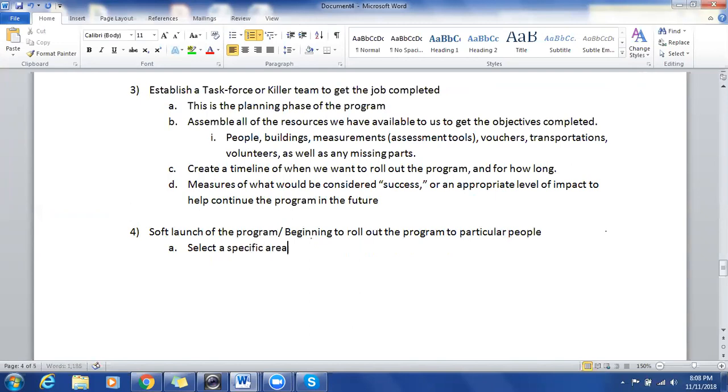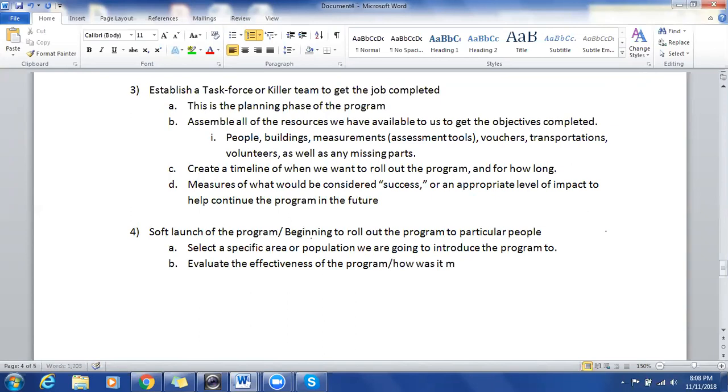This is where we select a specific area or population to introduce the program to, and this is to evaluate the effectiveness of the program, how well it is met.